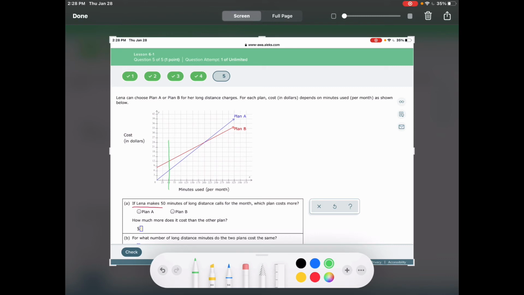The green line there shows you where those minutes are. And so we can see that the red line would cost more and the blue line would cost less at that point. The red line is Plan B.